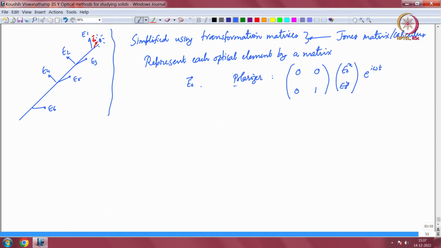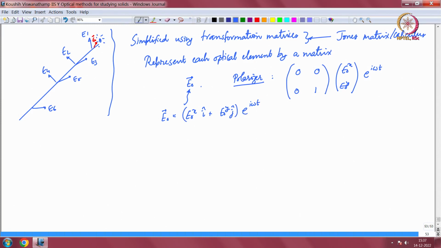I will explain this notation in a minute. So, you are assuming that your incoming electric field vector is of this form. E0 bar is E0x times i hat plus E0y times j hat, naturally because it has to be in the xy plane. It has two arbitrary components and this oscillatory term going along with it, e power i omega t.